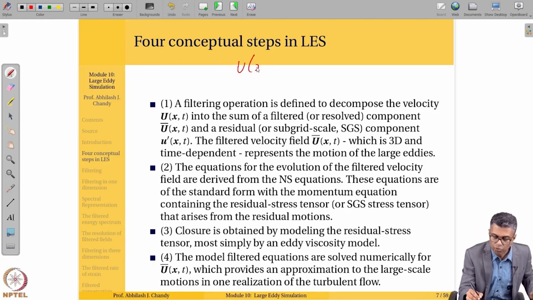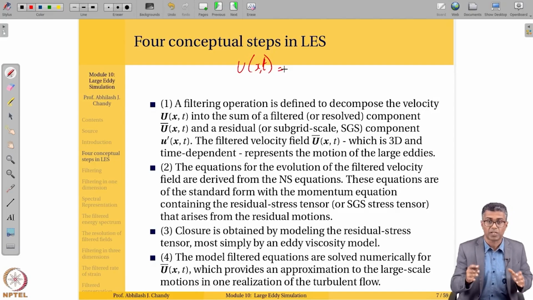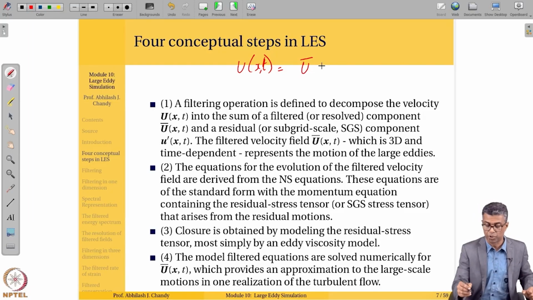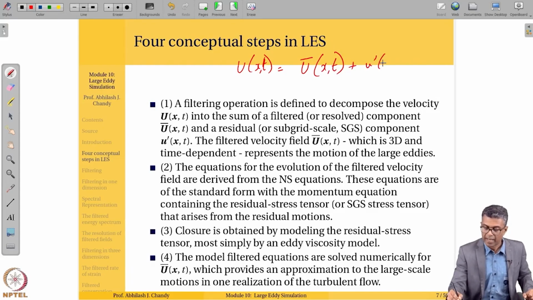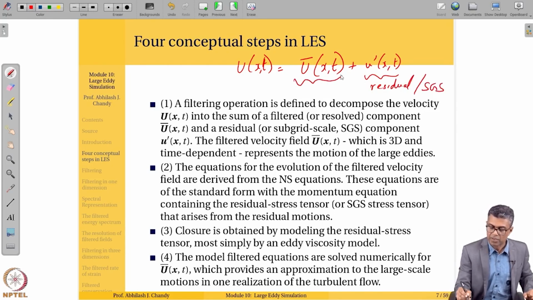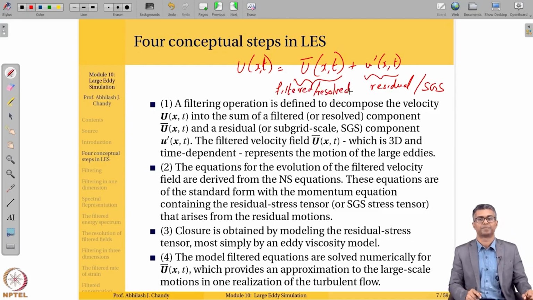So essentially, u of x,t is decomposed, just like we did the Reynolds decomposition, into u bar of x,t, that's the notation I'm going to use for filtered velocity, plus u prime of x,t. This u prime is the residual field or the subgrid scale field, and u bar is the filtered field or the resolved field. That is your decomposition now.